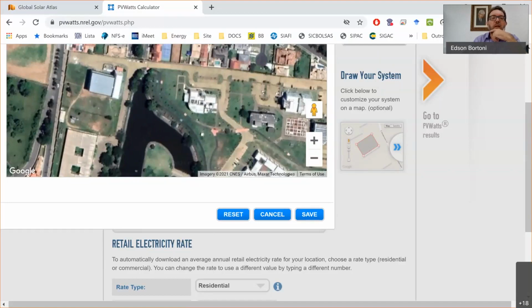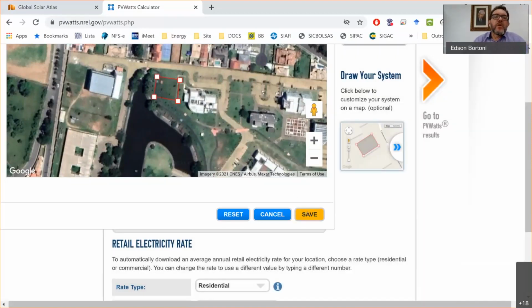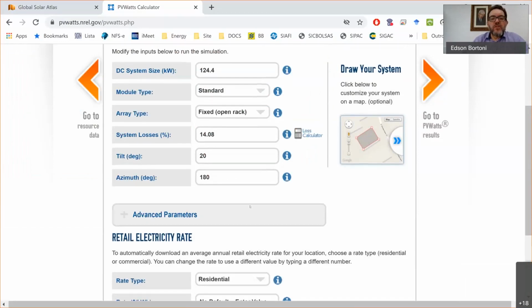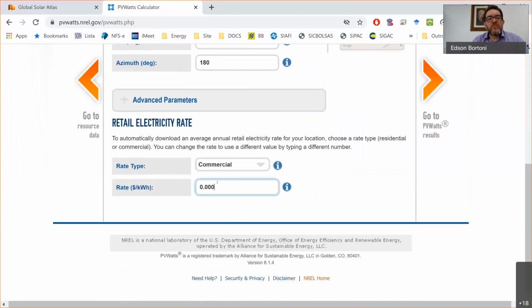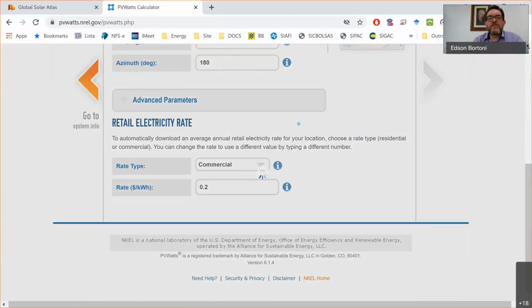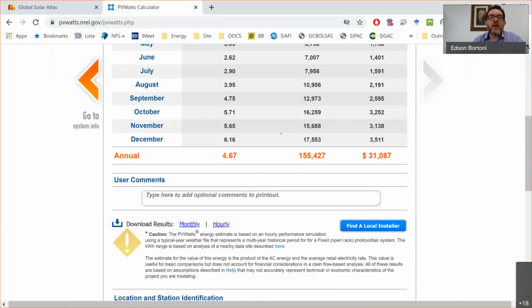Let's put solar panels in this area. So I click here, here, here, there. So let's put solar panels in that place. Save. So residential, let's see, let's say commercial. Price of the energy. Let's go. Voila.